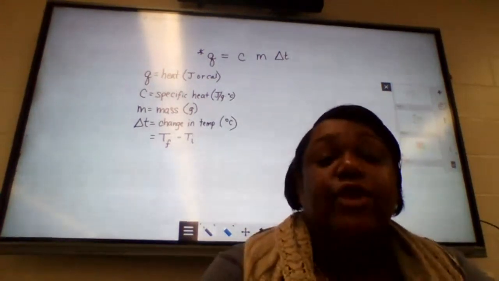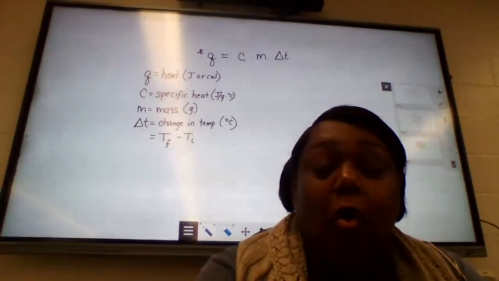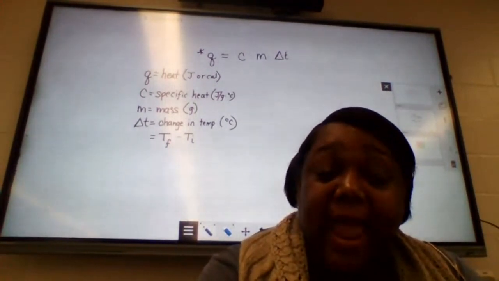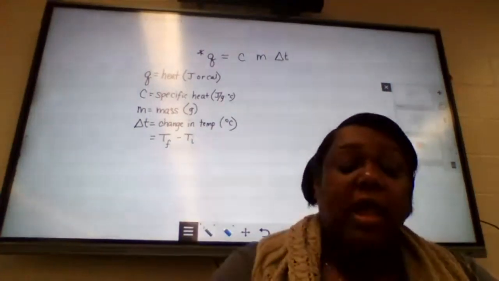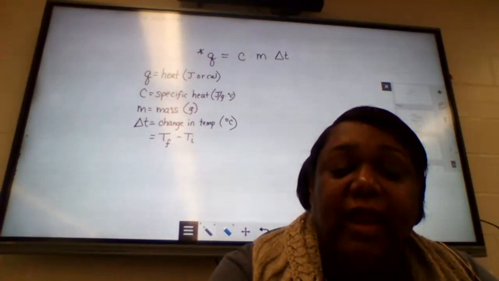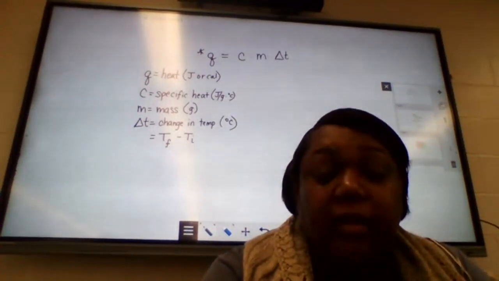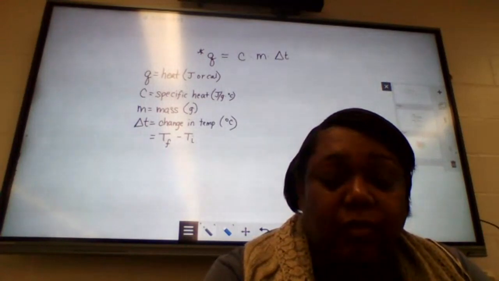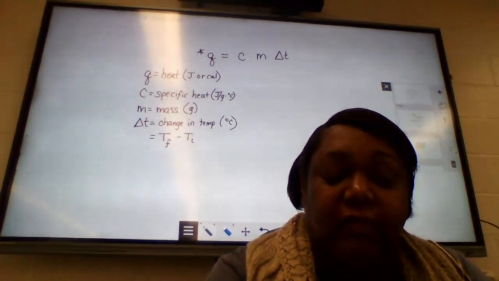And so if you are doing a problem where your material all stays the same state of matter, then you can use the specific heat formula. So like we know that water is frozen at 0 degrees Celsius, and we know that it boils or becomes a gas at 100 degrees Celsius.